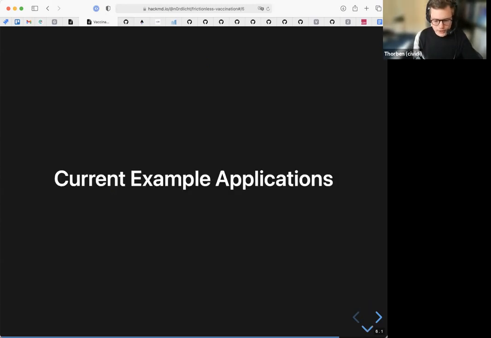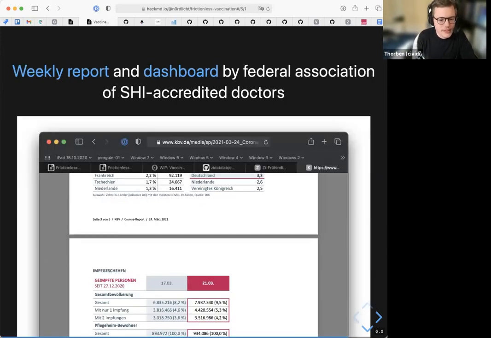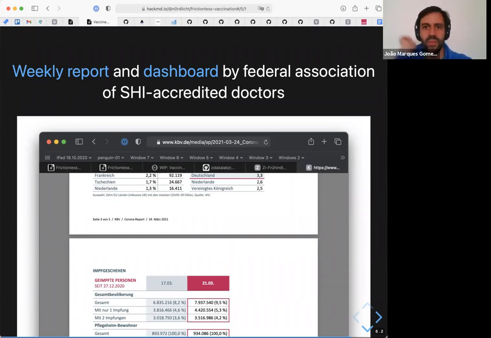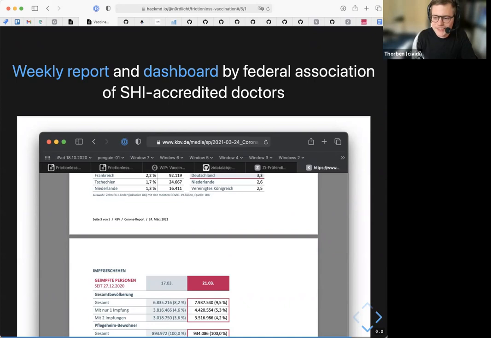But what kept this going over this time, I think, is that people started using it. So one of them is what is translated to SHI accredited doctors, at least that's what DeepL said. But this is an association on the federal level, so semi-government, that is responsible for all the public health doctors in Germany.